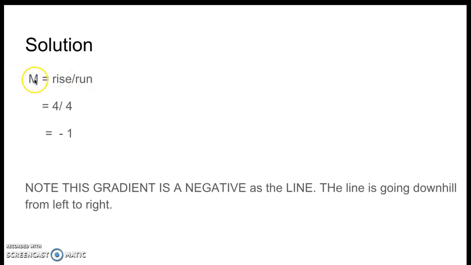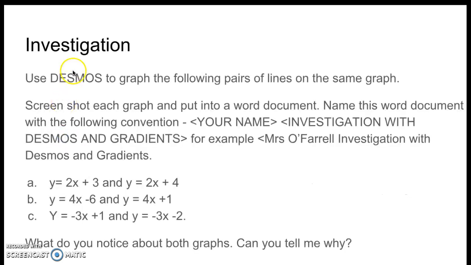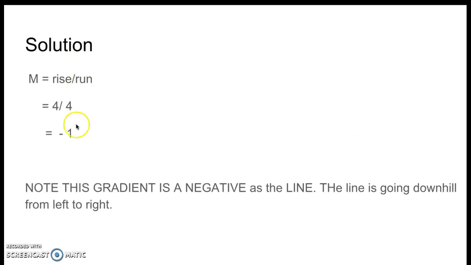Look, gradient, remember, see if any of you do remember what M's for. We've got the rise divided by the run. This fraction bar is over, or 4 divided by 4, which gives me 1. You can use your calculator for that, but this is a -1, and I'll talk to you about that.